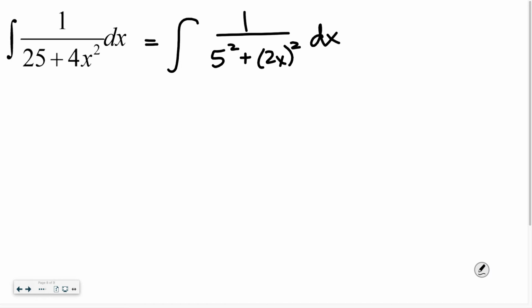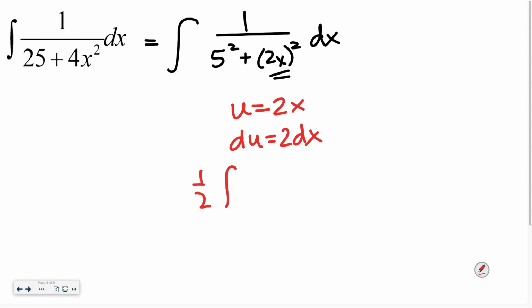It is not 1/5 arctangent of 2x over 5, because you have to account for the fact that the derivative of 2x is 2. So it's 1/2, so it's 1/10.